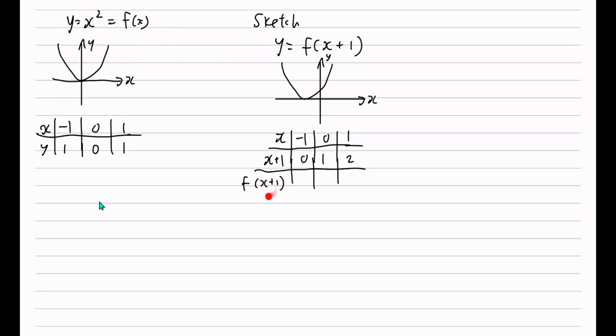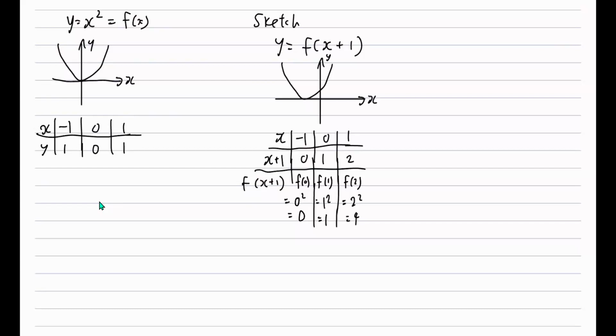So f of 0 will be 0 squared, which is 0. f of 1 and f of 2, what are they equal to? 1 squared is 1, 2 squared is 4. Do you understand the function notation? So 0, 1, 4.